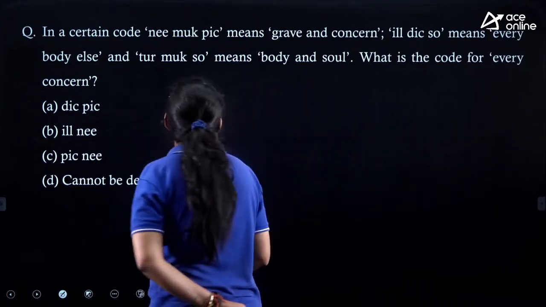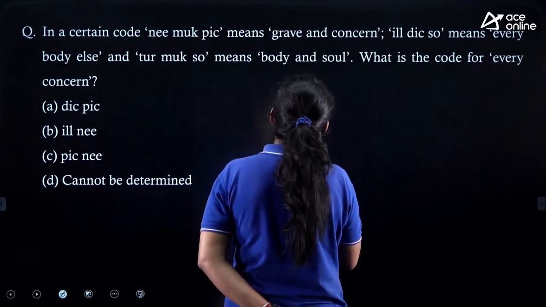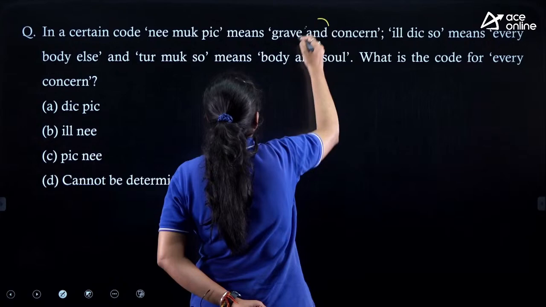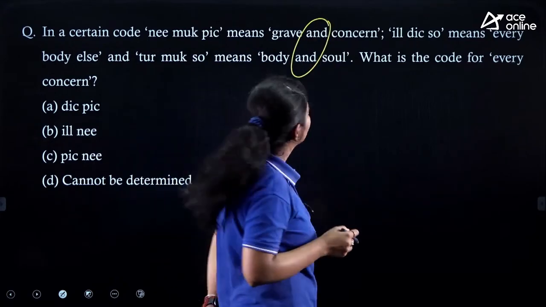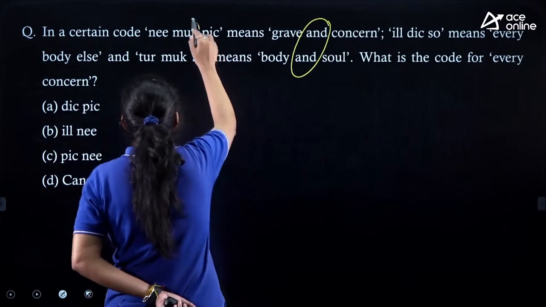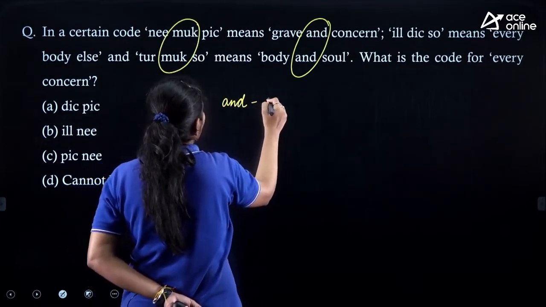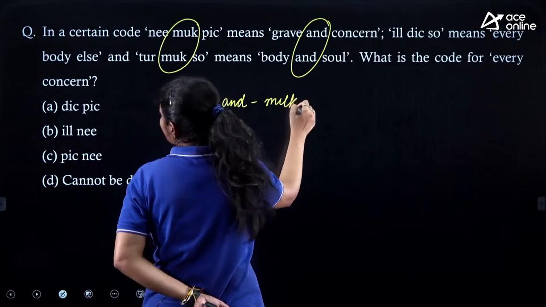Let's see. What are the common words we are having over here? The first common word that I can see over here is and, right? And the common code that we are having over here is MUK, right? So for the and, we are having MUK.